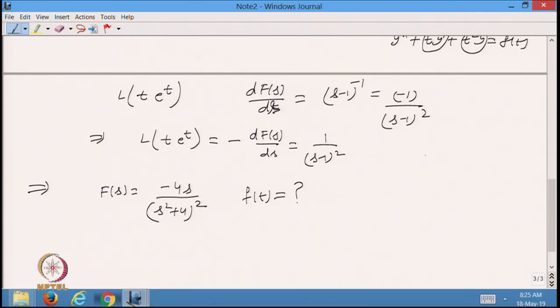And now, from here if you see carefully, I have a factor s square plus 4, but I have the power square. It means I can remember that somewhere we have taken the derivative of 1 over s square plus 4, because when I take the derivative, it becomes the square, and if I take one more derivative, it becomes cubic.